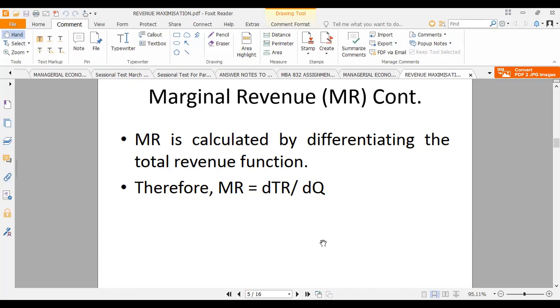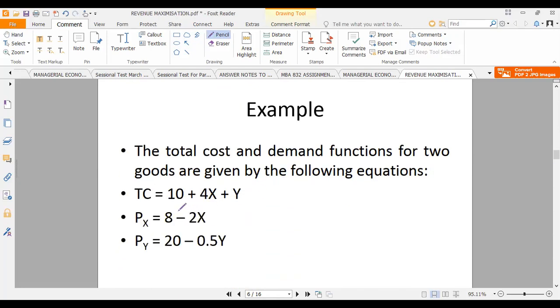So we looked at an example where we have our price P is equal to 8 minus 2x for good x. For good y, P is 20 minus 0.5y.